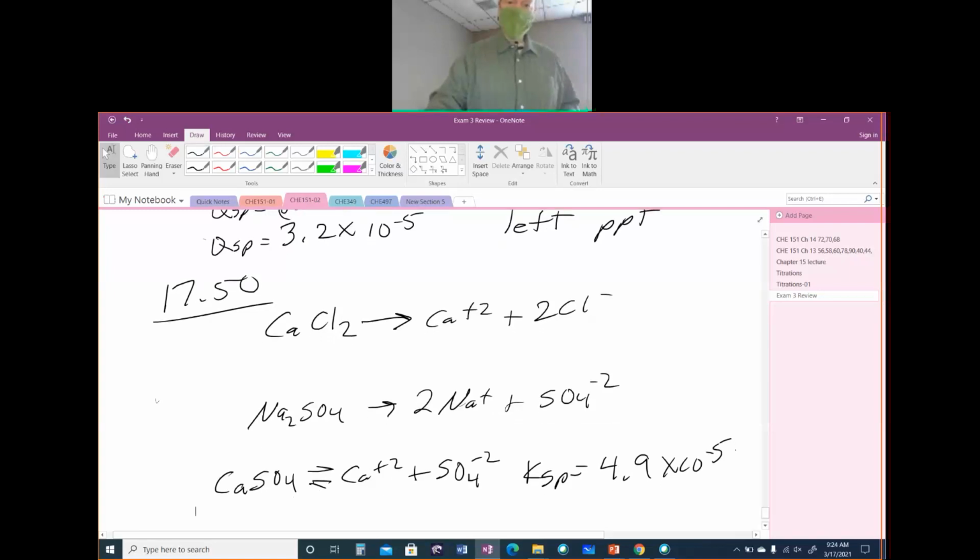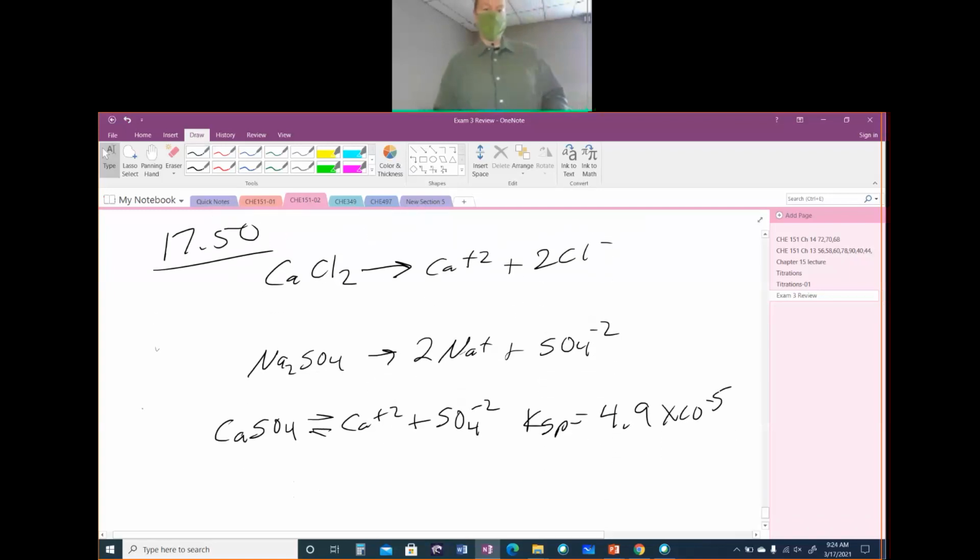And so we now have to find a QSP. So we're going to put in our initial concentrations of calcium and our sulfate and compare it to the KSP. The problem is that we have added solution to solution. And so you got to do MV is equal to MV for your calcium chloride.